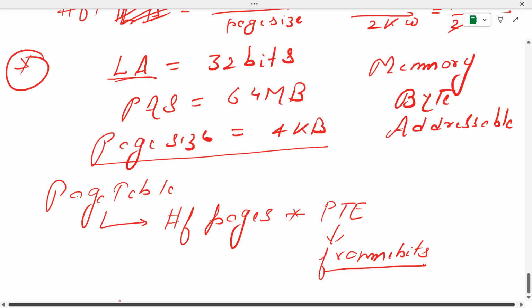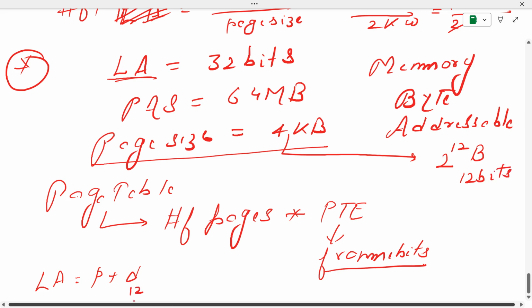If LA is 32 bits, then LA equals P plus D, and D can be calculated from the page size. The page size is 4 KB, so 2 raised to the power 12 bytes is the page size, and memory is byte addressable, so 12 bits are used for the page offset.